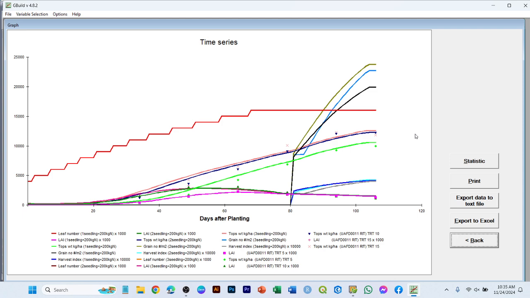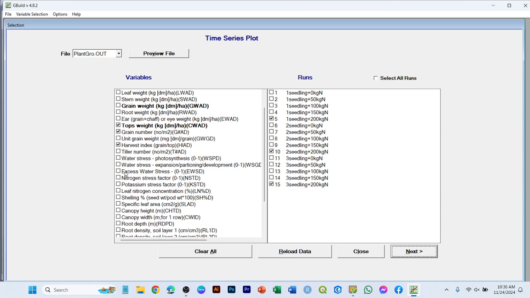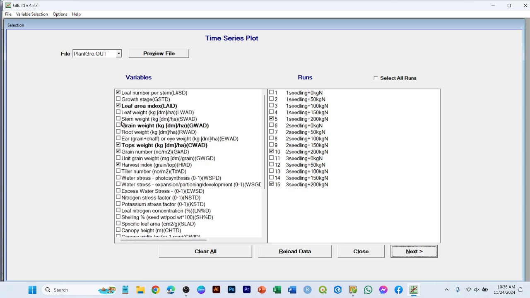For further clarification, you can deselect some of the parameters. Say for example, you can unselect this, unselect this. You have to go for leaf area index, tops weight, grain weight. Where is grain weight? Unit grain weight.